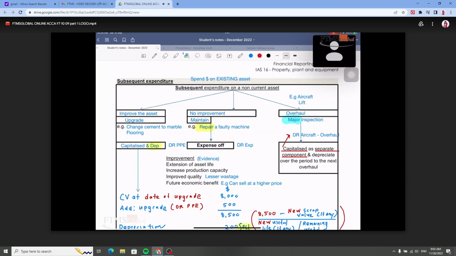For example, if every 5 years I need to conduct a major inspection on my aircraft, then I will depreciate this overhaul cost over 5 years. If every 3 years I need to conduct this overhaul, then I will depreciate over 3 years. Understand? It depends on the asset.